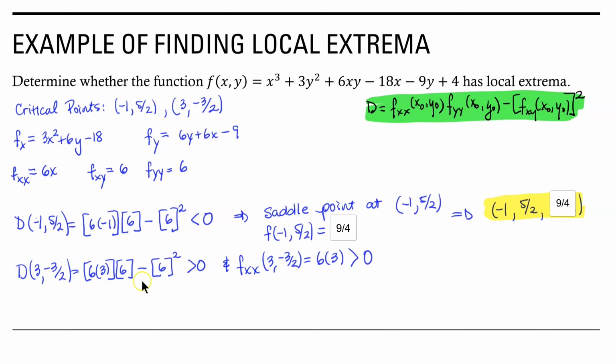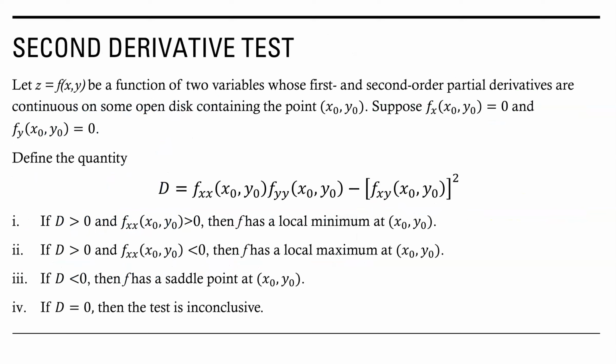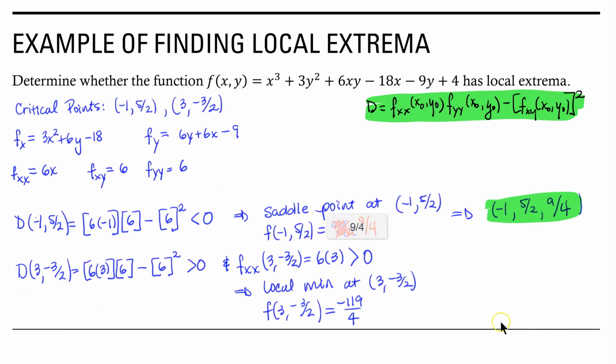So our D is positive, our f sub xx is positive, so what does that tell us about this critical point? Notice that our D value is positive and our second partial derivative with respect to x both times was positive, so that tells us that at this point there is a local minimum.